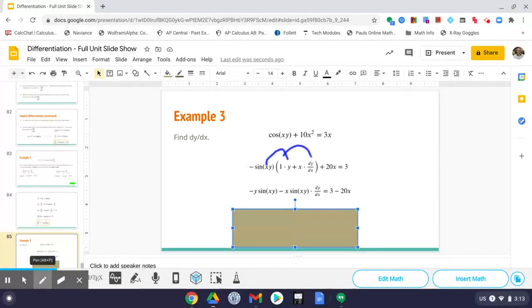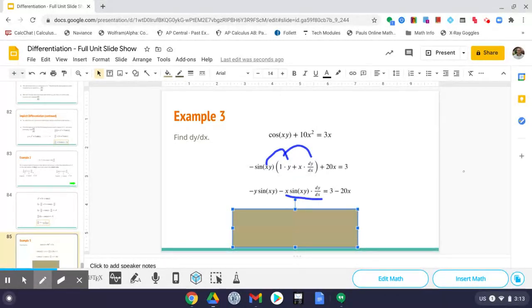And when I do that, I've created very distinct terms. I've got a negative y sine of xy from that first piece, a negative x sine of xy, dy dx, and then on the right-hand side, a 3 minus 20x. So now there's only one term right in the middle here that has a dy dx attached to it.